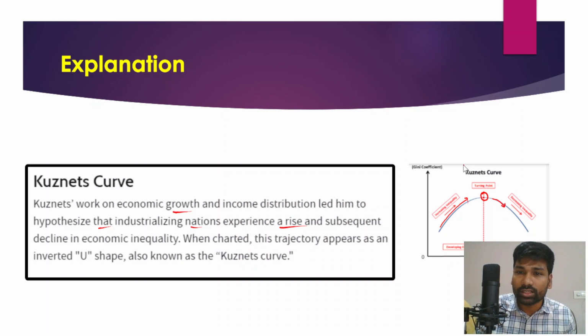That is what the Kuznets curve talks about. At a particular saturation point the inequality level starts declining, and when charted, this trajectory appears as an inverted U shape. This is also known as the Kuznets curve, right?